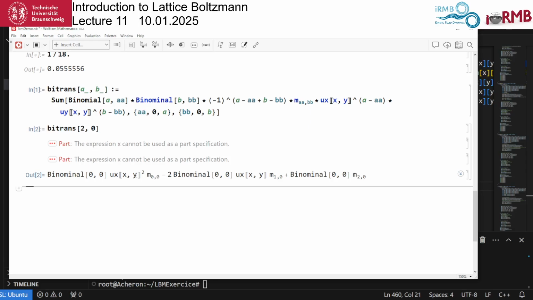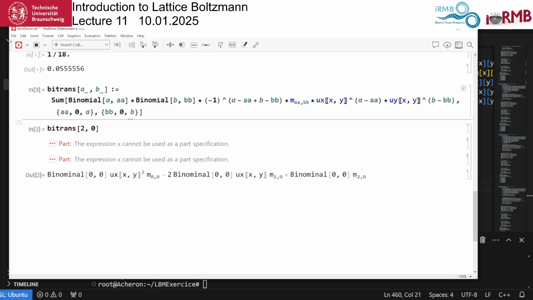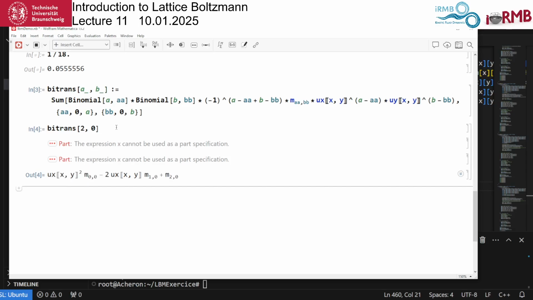Okay, I mistyped this, binomial. It is complaining that I try to use X and Y, but I'm ignoring this complaint. Now I notice that we will end up with this M here, which is the velocity. So I should replace this, because this guy here could also become the velocity.